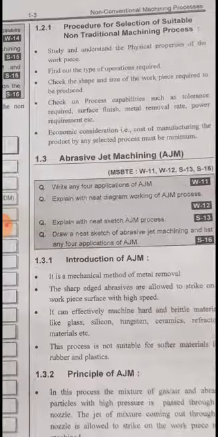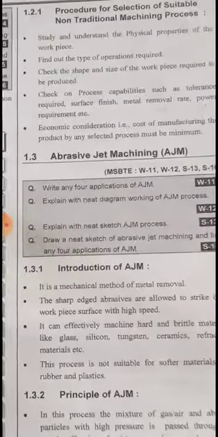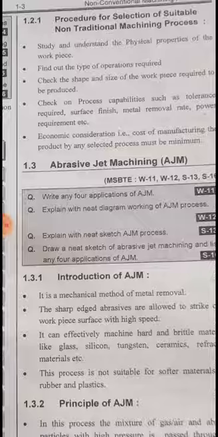Procedure for selection of suitable non-traditional machining processes. Now it is very important to choose the right process for the right workpiece. Therefore, there are criteria for choosing a process suitable for a workpiece.